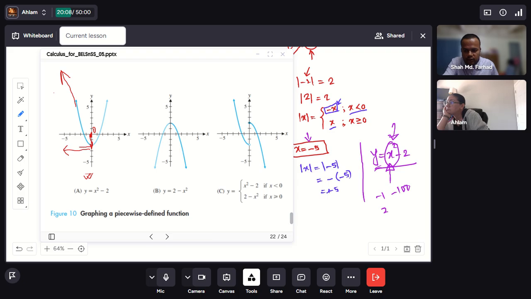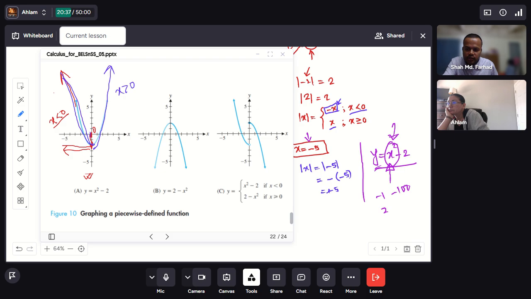So we are considering x less than 0, and we get this curve. If we go for x greater than 0, then we get this from here.